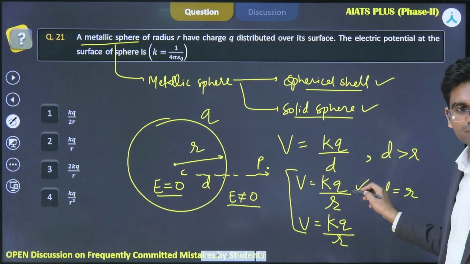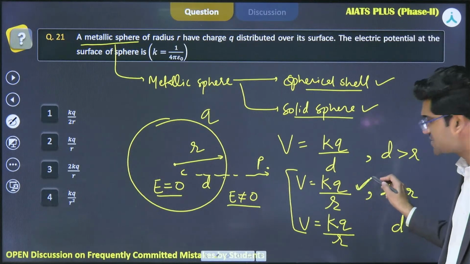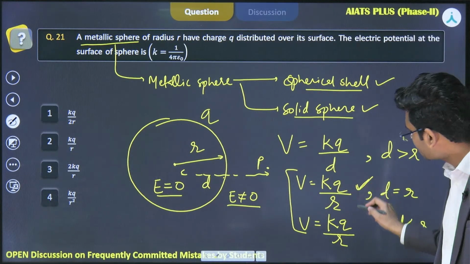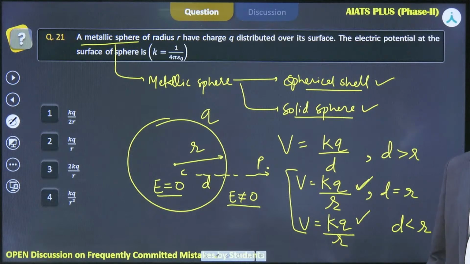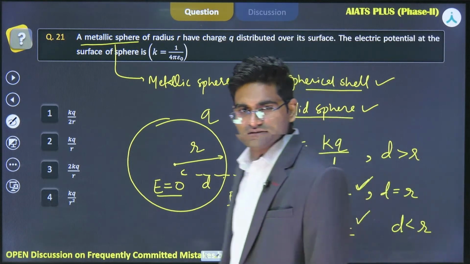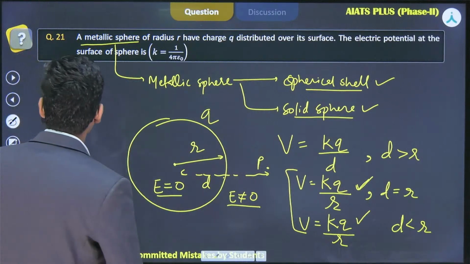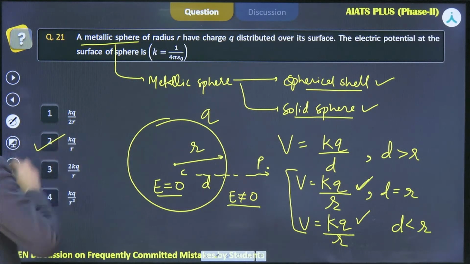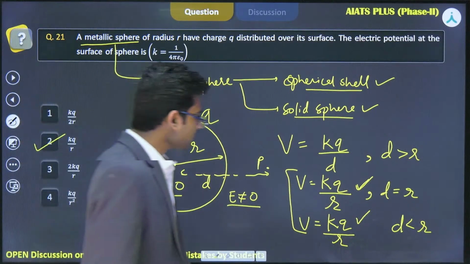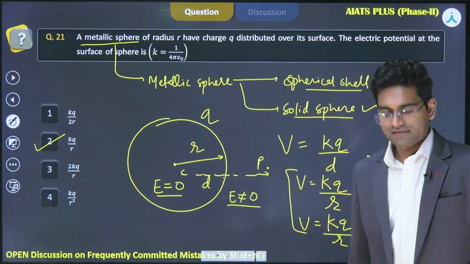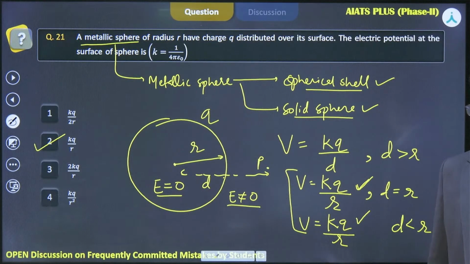The potential at its surface remains the same inside it also. Now what is the answer here? We are asked about the potential at its surface, so the answer would be kq by r, this second option. Any doubt here? Any doubt?